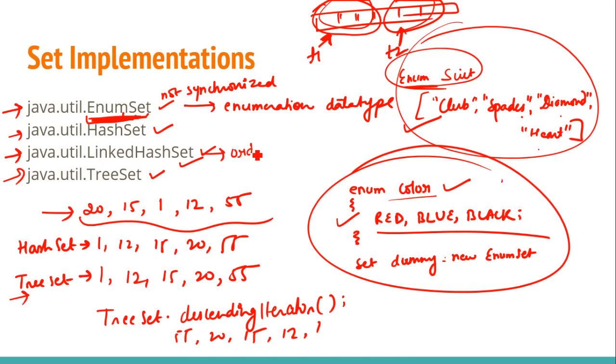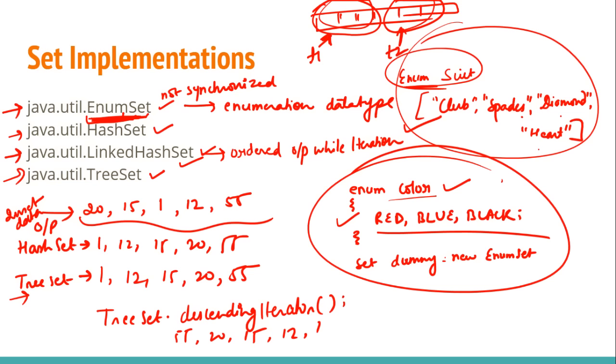Linked hash set gives us ordered output while iteration. So if you insert data in this order, the output will also be in the same order. When you want the order to be maintained while using a set, you use a linked hash set. Okay?